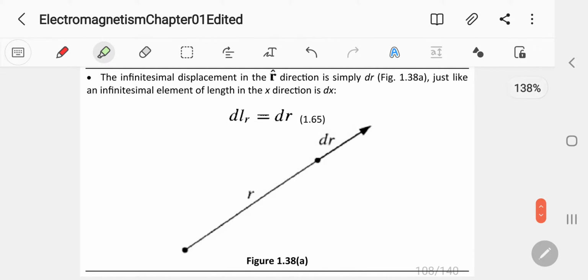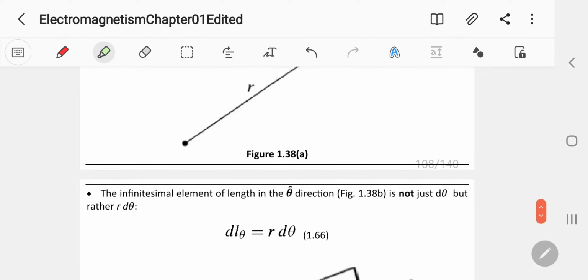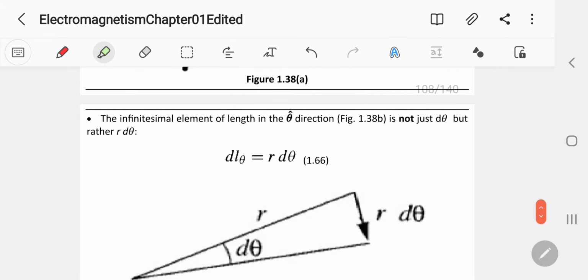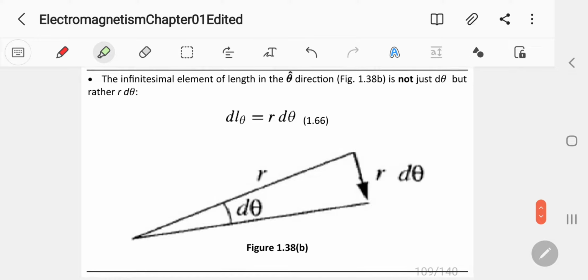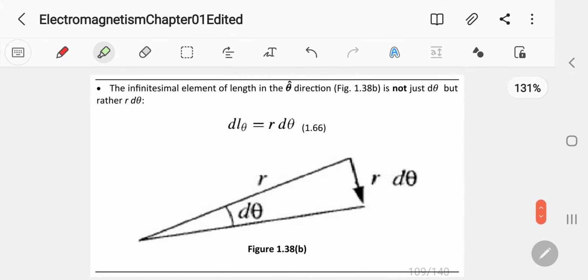So what is the infinitesimal displacement in the r direction? That's just simply dr. So your infinitesimal displacement in the direction r is just dr. How about the infinitesimal displacement associated with theta hat?